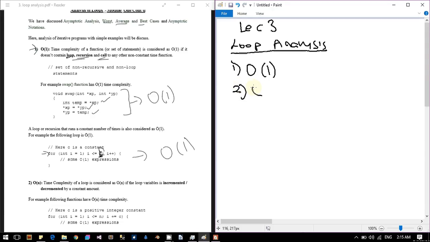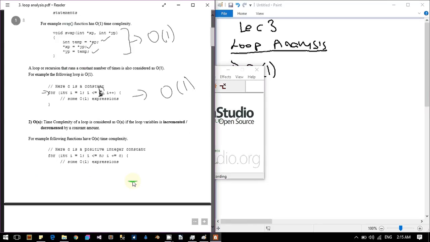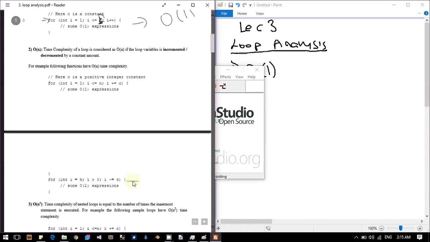Now the second rule is order n. It states that the time complexity of a loop is order n if the loop variable is incremented or decremented by a constant amount.